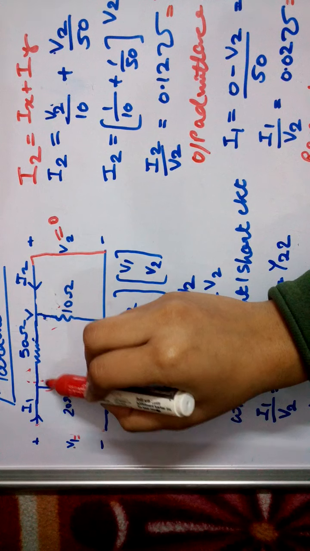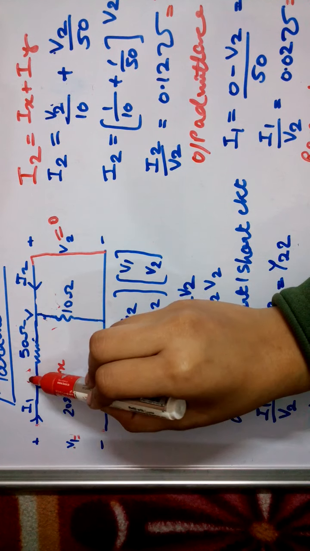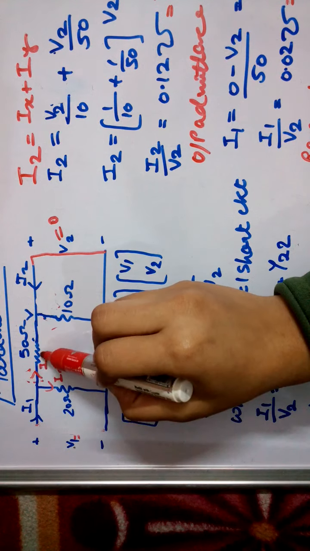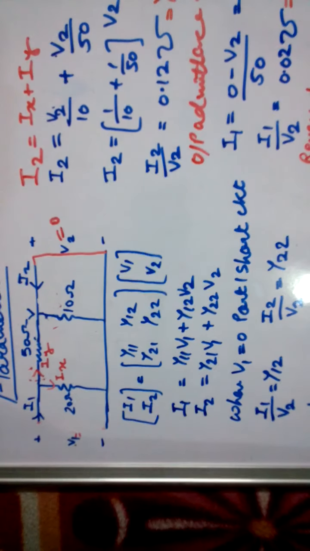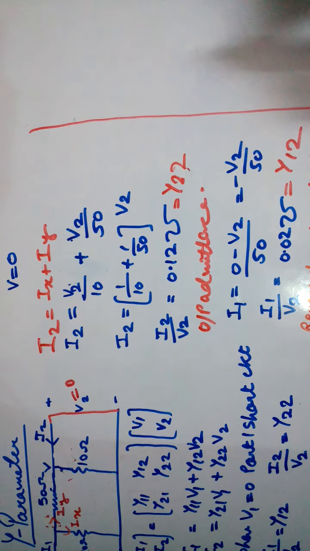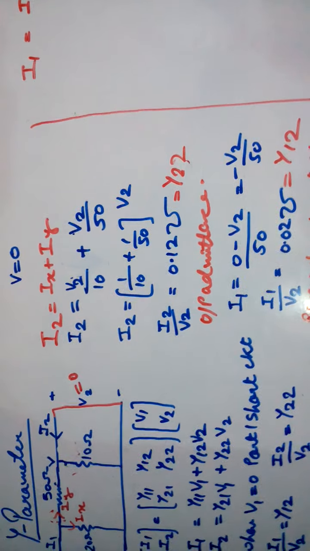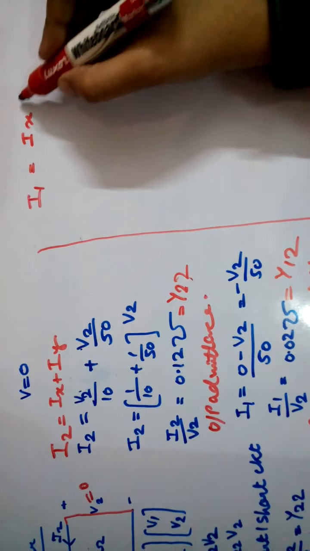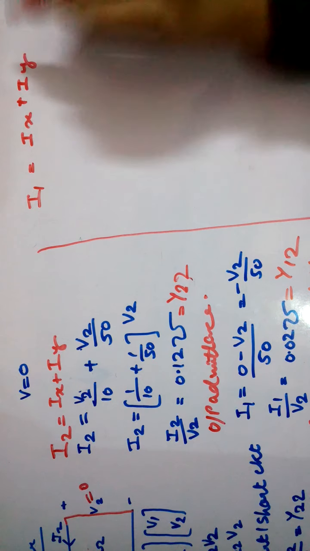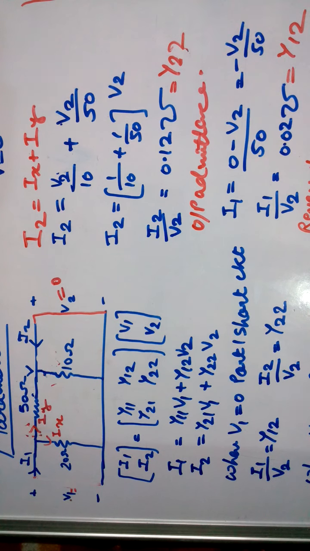Let's say the current in the 20 ohm is Ix and the current in the 50 ohm is Iy. See in the circuit, I1 equals Ix plus Iy.